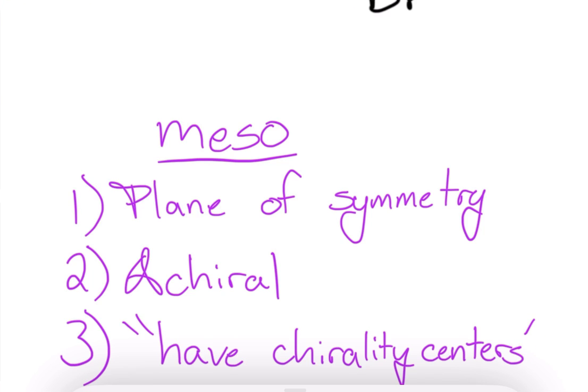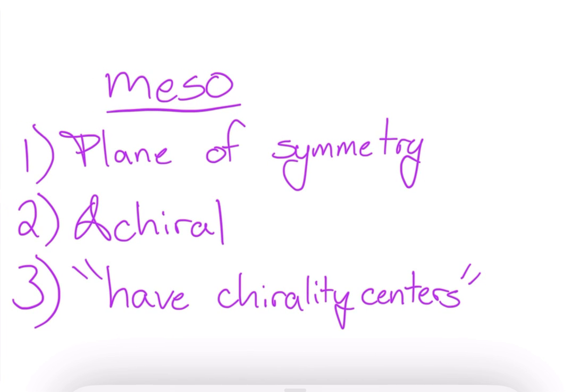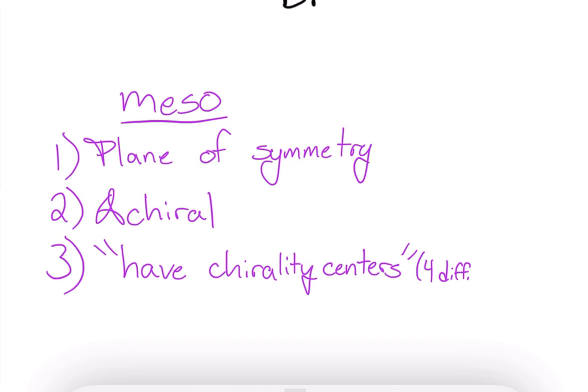Now, those are in quotation marks because we know meso compounds are achiral, but they technically have these sort of chirality centers because they're attached to 4 different molecules. So that is what makes meso compounds a little bit tricky to understand because they still have the R and the S configurations.